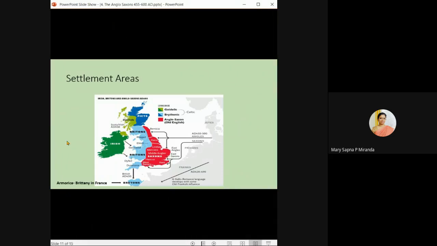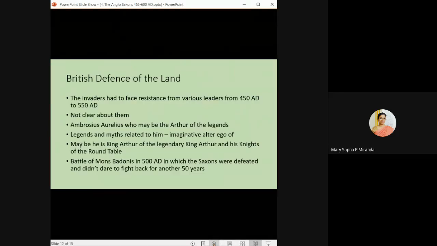So you can see that this particular region was more or less free of Anglo-Saxon interference and invasion, because they were really protective about their land and their customs and culture. When you talk about the different Celtic kings who were there at that time, we don't have a very clear picture.